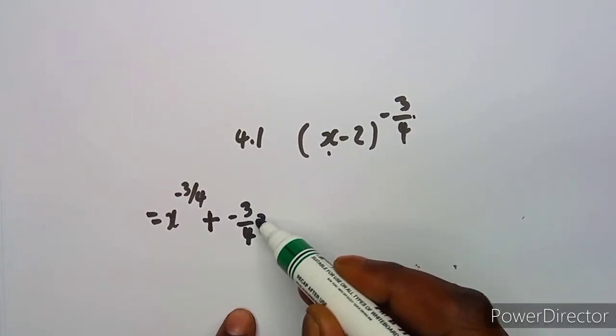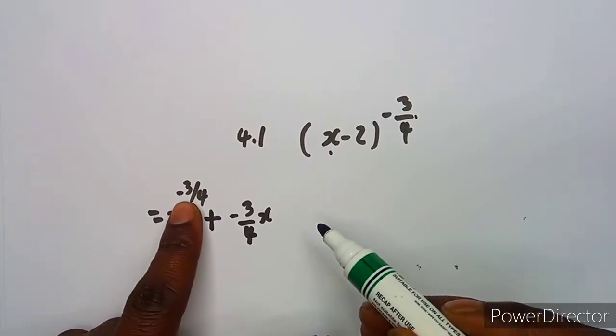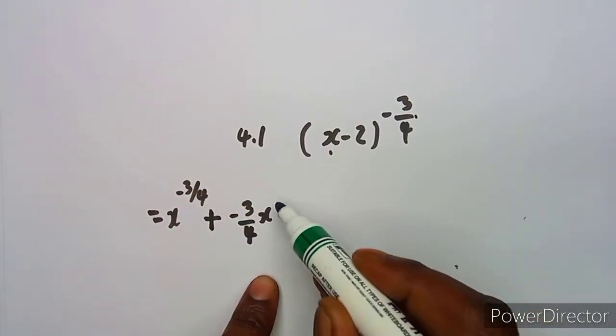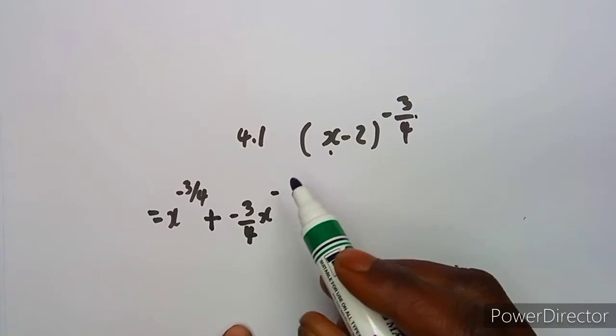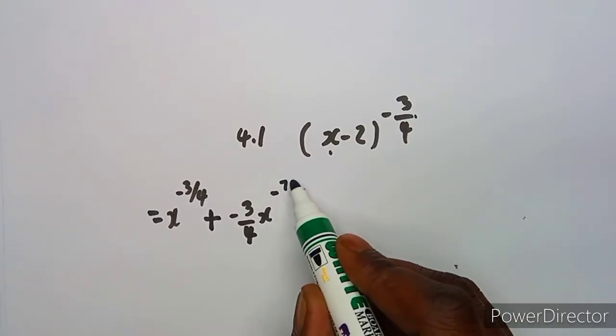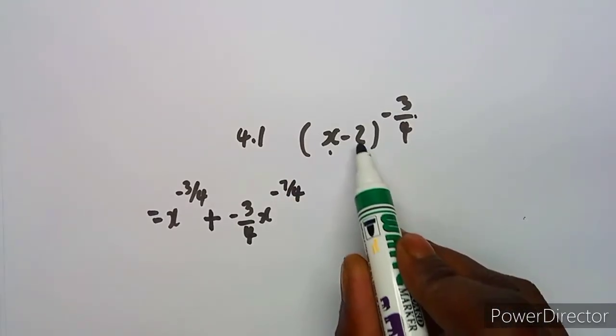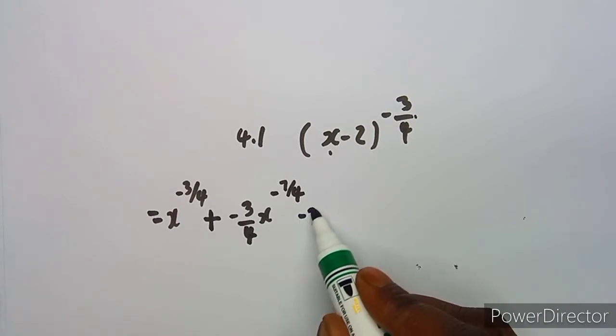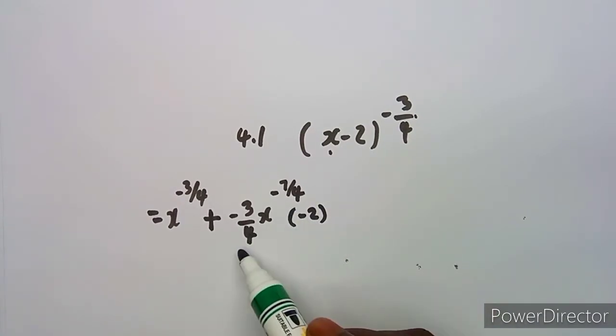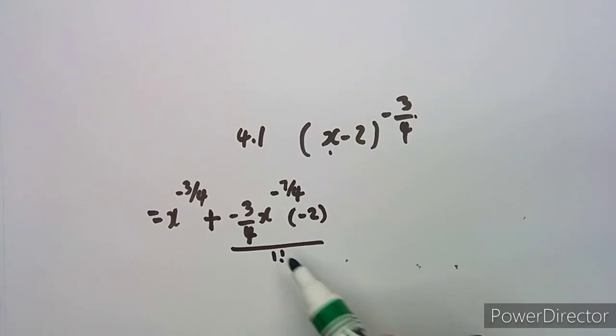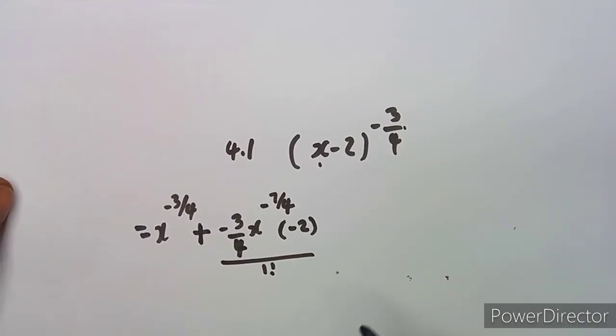So -3/4, then we subtract 1 on the exponent, so it's -3/4 minus 1, which is -7/4. Then remember, this -2 starts to appear now over 1 factorial, which we can just leave like that. That 1 factorial has no effect.